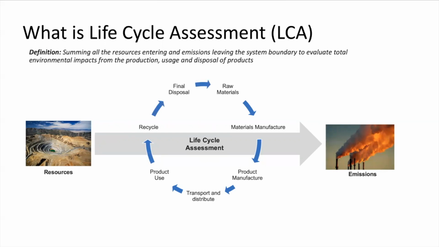So it's looking at everything from the resources that are used all the way to the emissions that are required to make that material or product. What are all of the impacts that are associated, and rolling that up into quantitative numbers that we can use to start to compare the overall impacts of different products or materials.